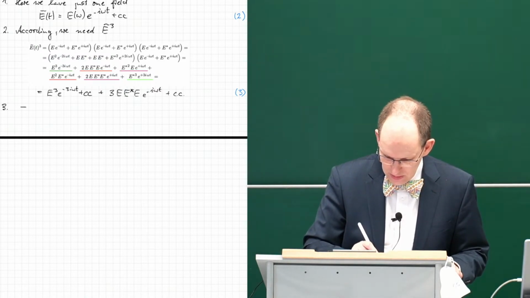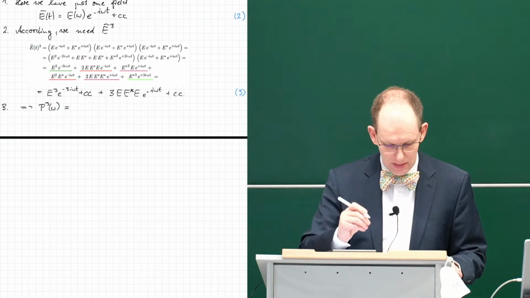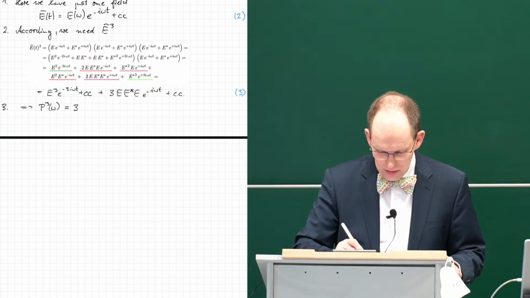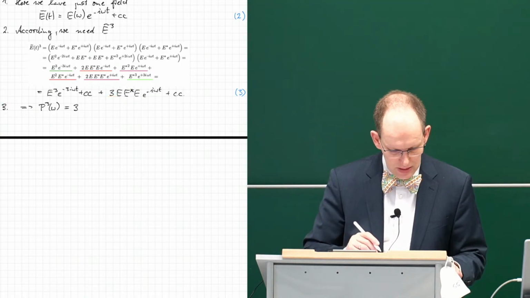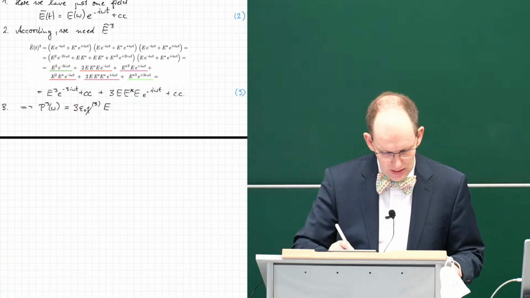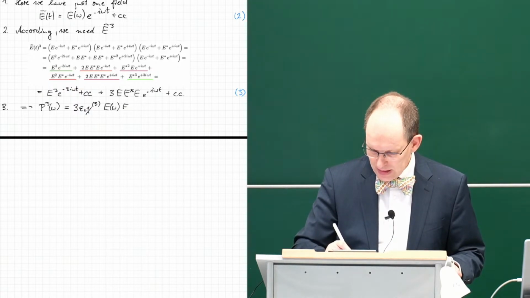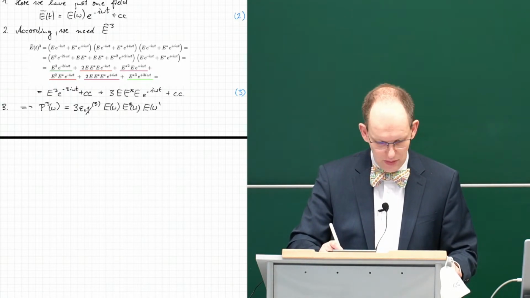So what follows is just that P3 as a function of omega, so of the fundamental, is 3 times, and so this factor 3 comes from here, epsilon 0 times chi 3 times E of omega, and then the complex conjugate of that, and again E of omega.